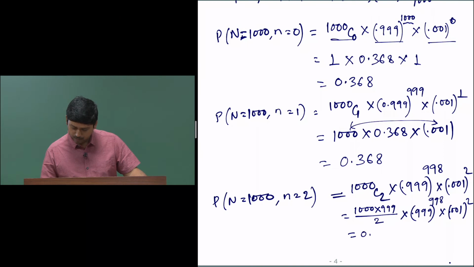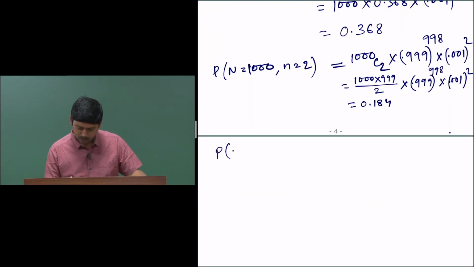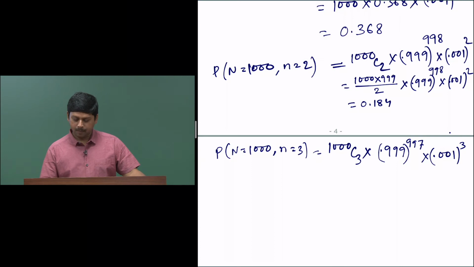This is the value that we got, and now the last one, which is N equal to 1000, small n equal to 3. This will be 1000 C 3 into 0.999 to the power 997 into 0.001 to the power 3. First we will do 1000 C 3, one by one, because otherwise it will not work.